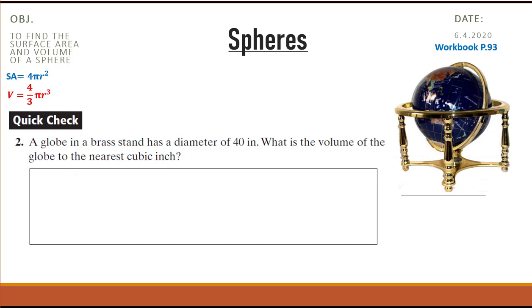The first step, finding r, the radius, and the radius is 20, half the diameter. So substitute and use your calculator. That's all. The most important part here is that the diameter is 40, so you should find the radius. Good, Abdullah. And the answer is 33,510 cubic inches.